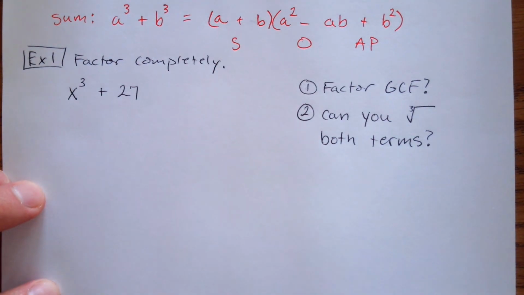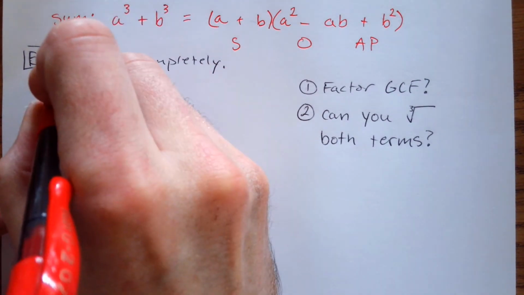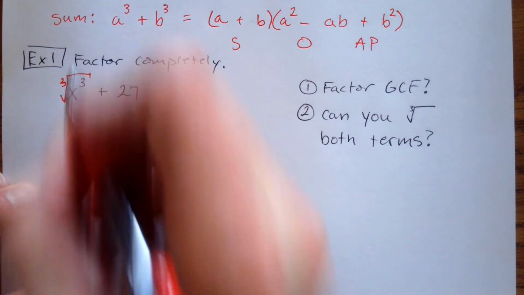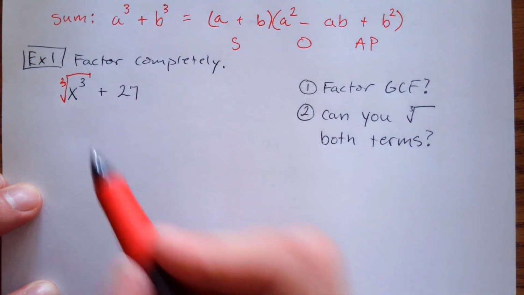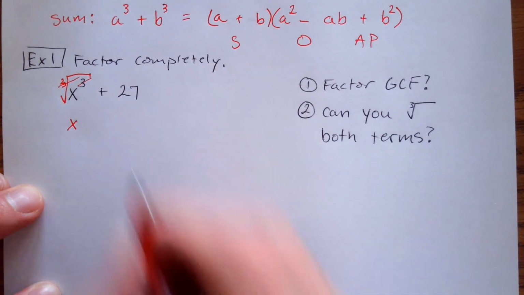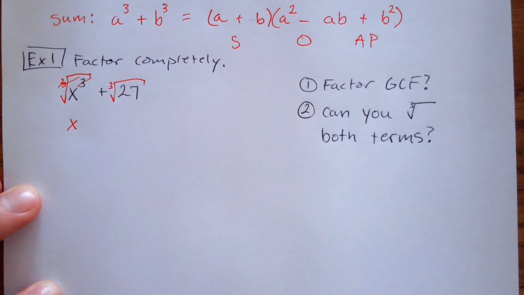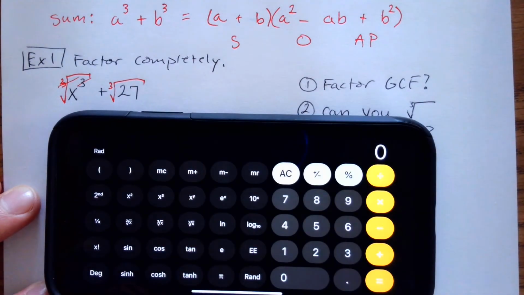And in this case, you will be able to. If I do the cube root of x cubed, that gives me just regular x. If I do the cube root of 27, and I want to show you on my calculator, there is a cube root button.